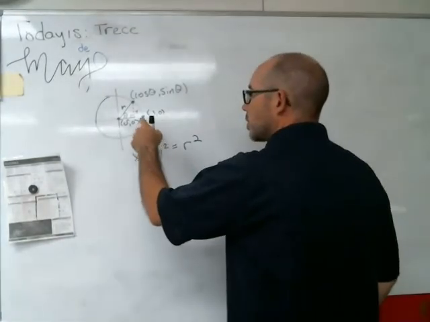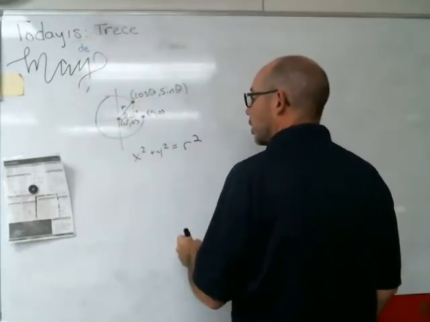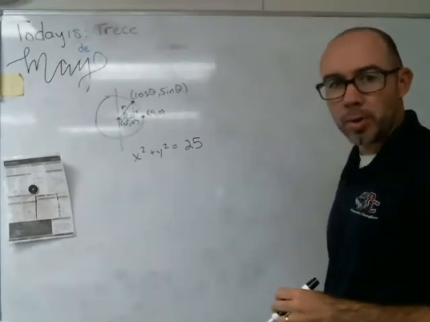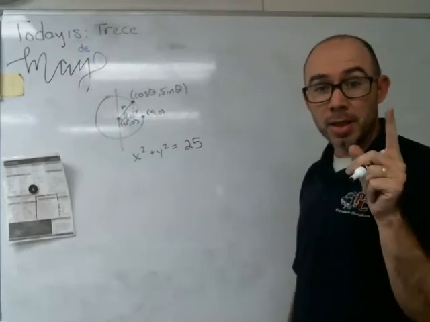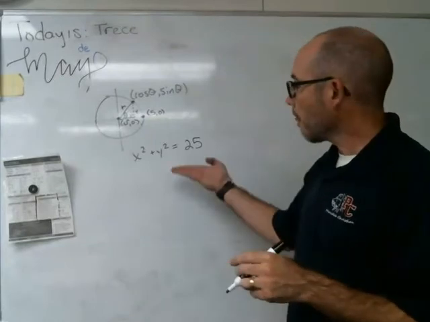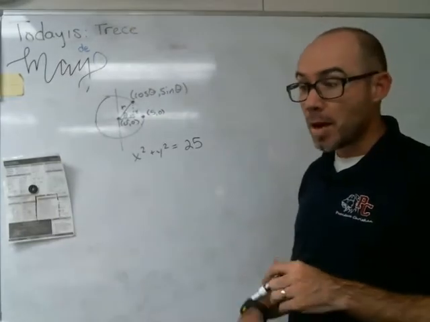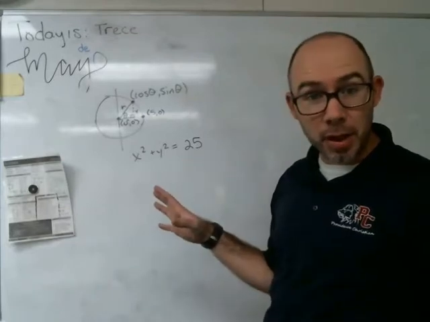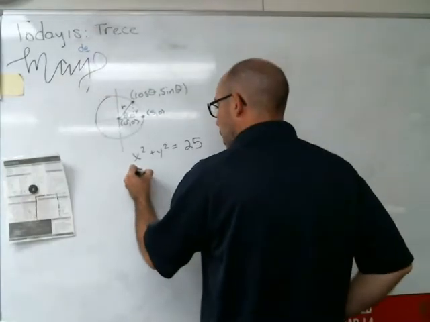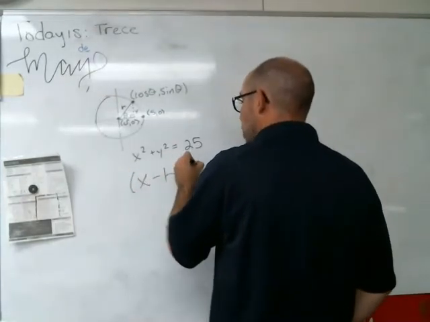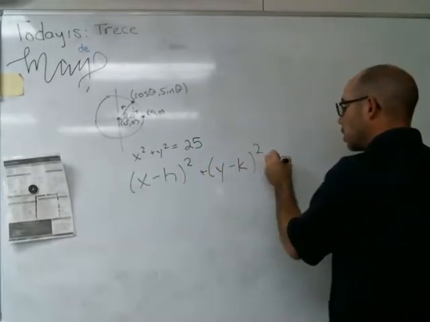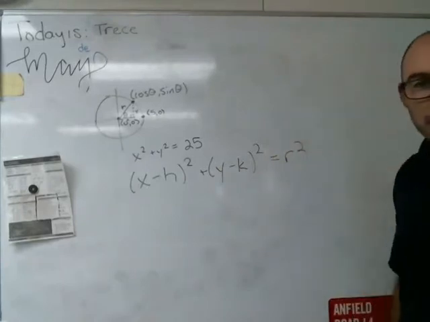So let's say that the radius was 5. That means the equation of a circle with a radius of 5, and this is important too, whose center is at the origin, would be this. If you want to see a generic version of an equation for circles, it's going to look like this: x minus h squared plus y minus k squared equals radius squared.